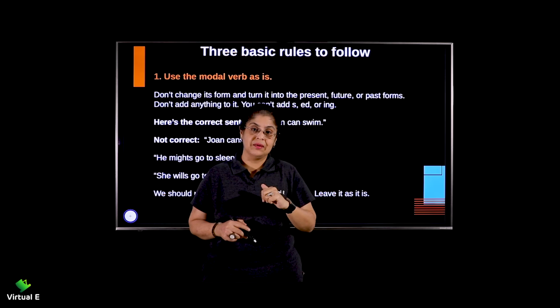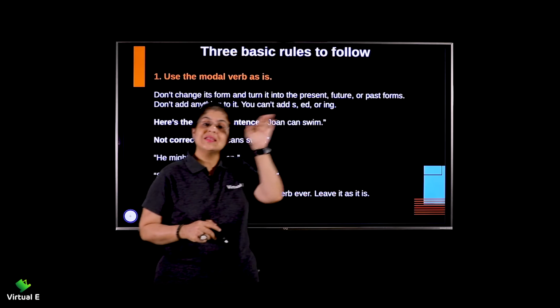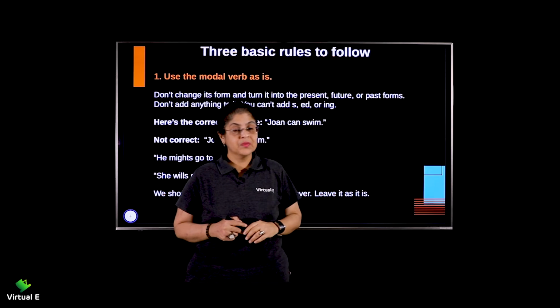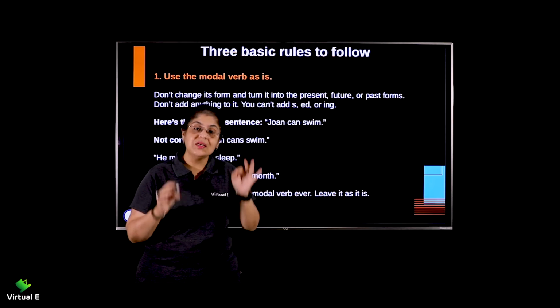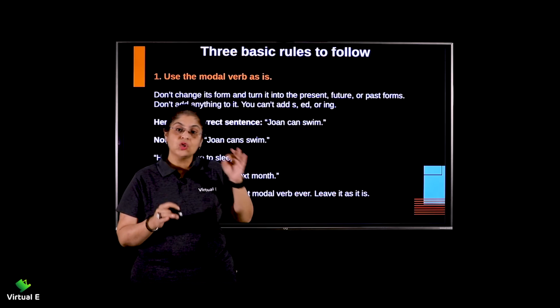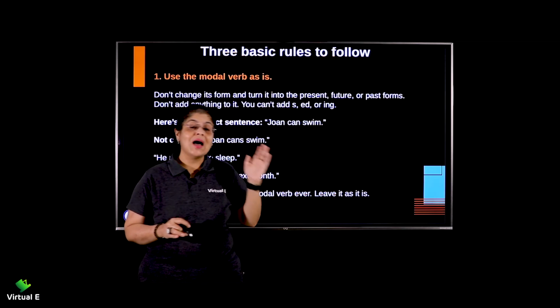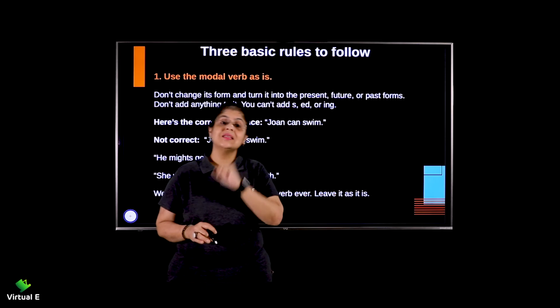Can is the modal. So, what does the modal verb do? It supports the main verb. It cannot stand on its own. A modal verb cannot stand on its own. Right? So, I can swim very well. I can very well. Makes sense? No. It needs a main verb.